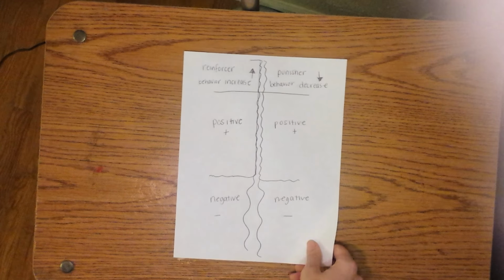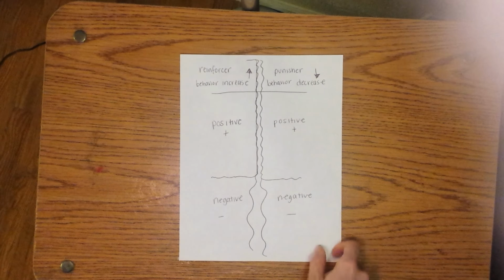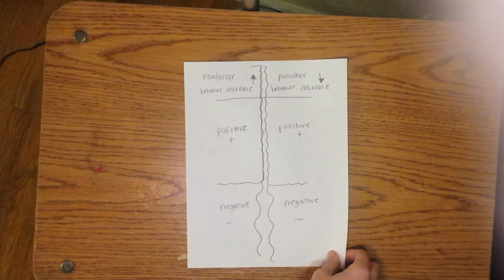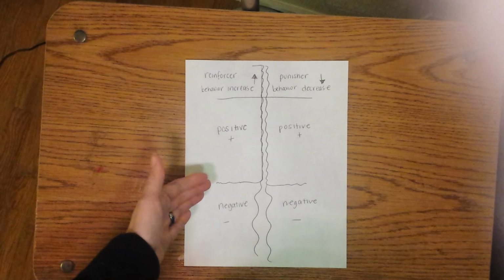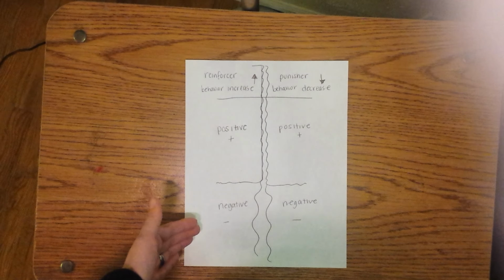So in operant conditioning, we know there are two major parts. There are reinforcers and there are punishers. Reinforcers are going to increase the behavior and punishers are going to decrease the behavior. Within that, we have positive and negative, meaning you're going to add or you're going to take away something.